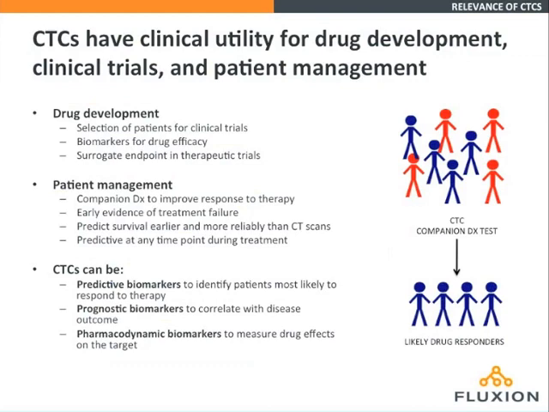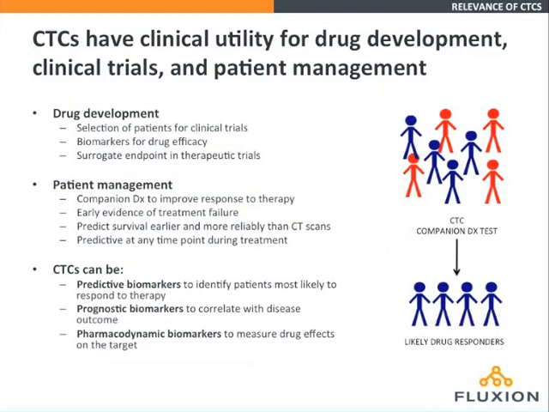Again, the utility of circulating tumor cells is clear. One is in research during drug development. The genetic status in terms of mutations is being used to select patients for clinical trials and look at correlations between specific mutations and the efficacy of treatment.